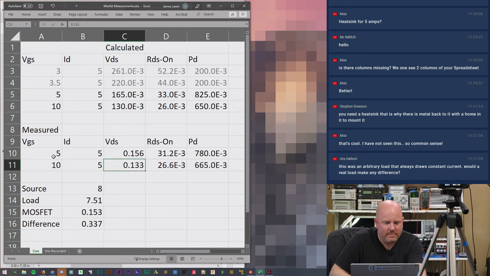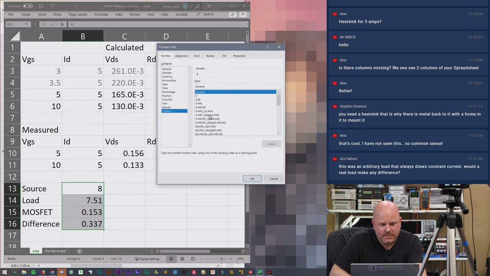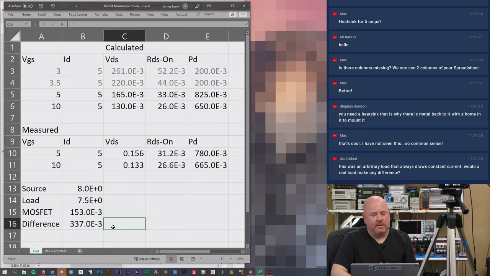Here's what I'm trying to do: numbers, custom, engineering notation. Okay, that's all I wanted.